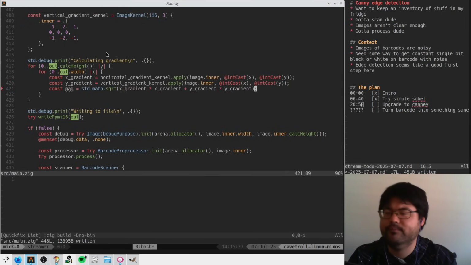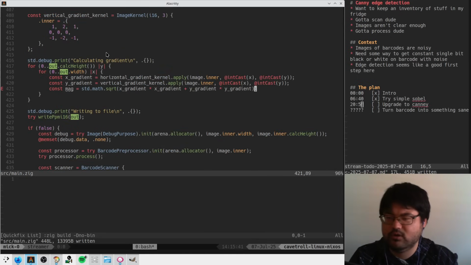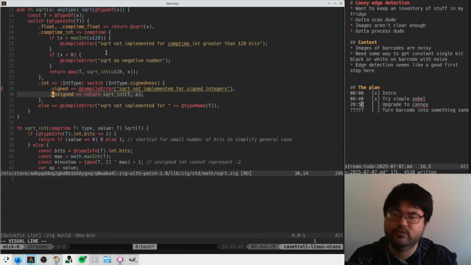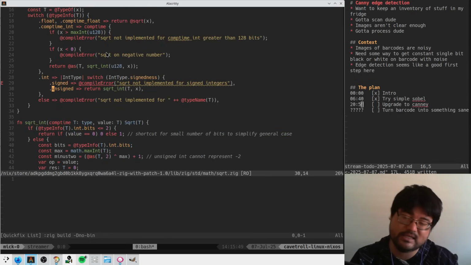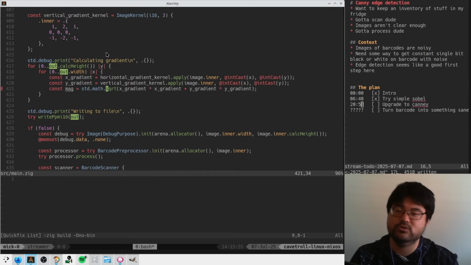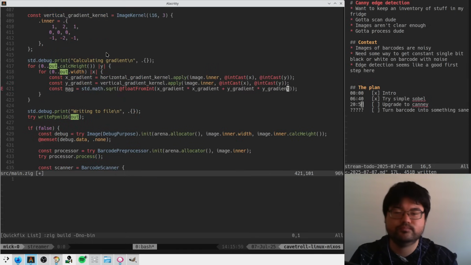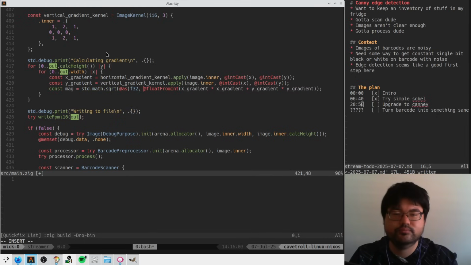Okay. I wonder if this should be a float as well. Does this thing do integer square rooting? Only for unsigned. So let's do floats. That's easier.